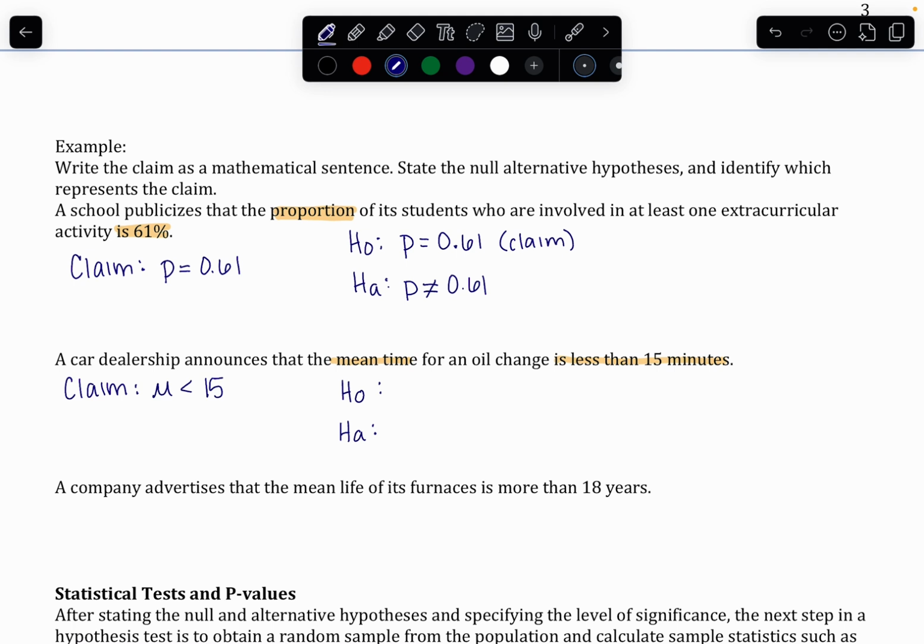Our claim is mu is less than 15. That does not have equality, which means it's going to be the alternative hypothesis. I'm going to go ahead and write claim here with it. And then we want to look at what's the complement for less than. The complement for less than would be greater than or equal to, which is our null hypothesis.